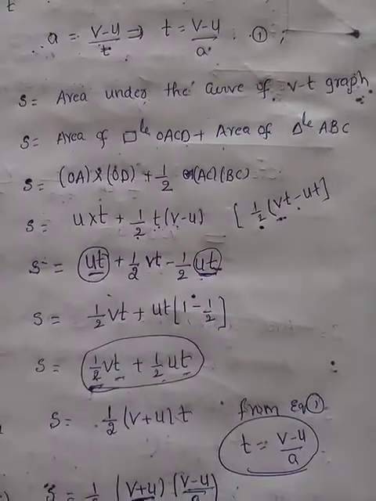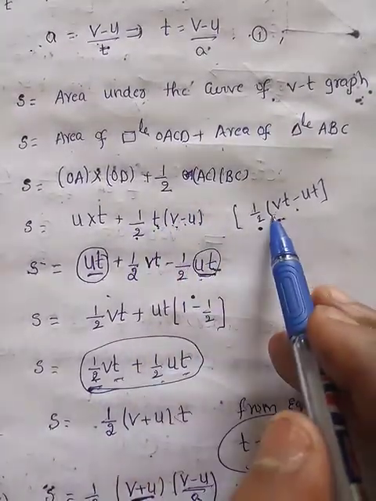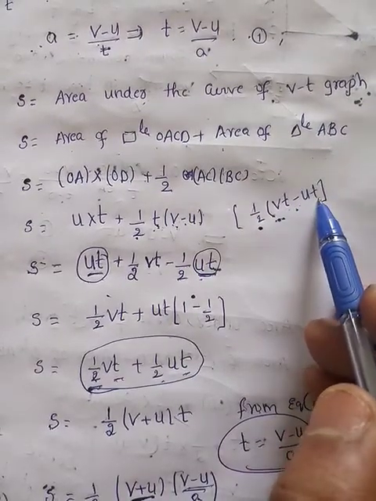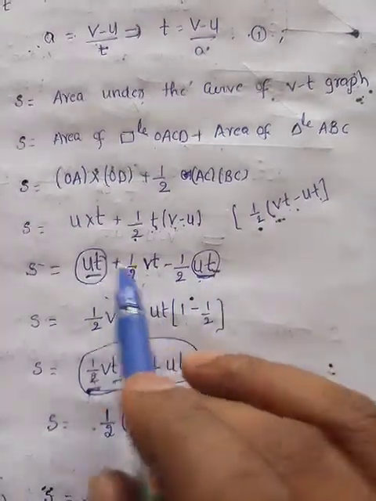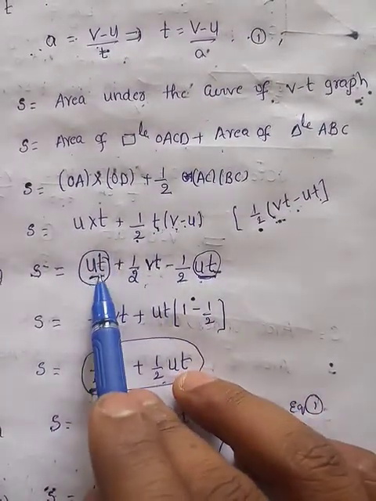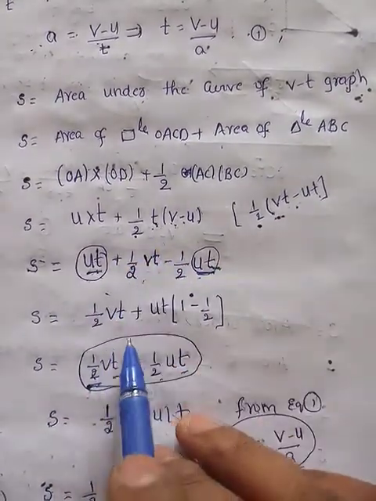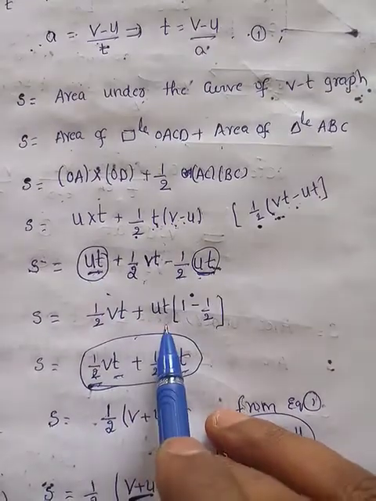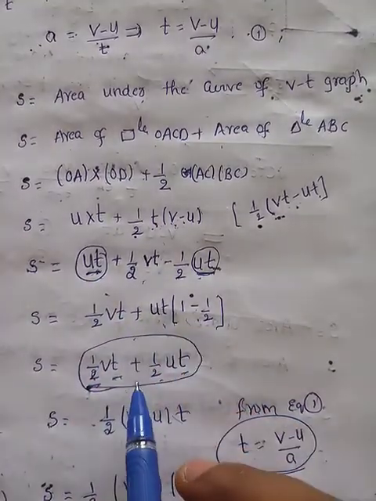So now here we are changing. What are we changing here? We multiply t inside. What do you get? Half into vt minus ut. Now multiply half. What do you get? Half vt minus half ut. Have you seen clearly? Out of these three terms, in two terms ut is common. If you take ut common, you write half vt same, and if you take common, what is your 1 minus half? 1 minus half is half.